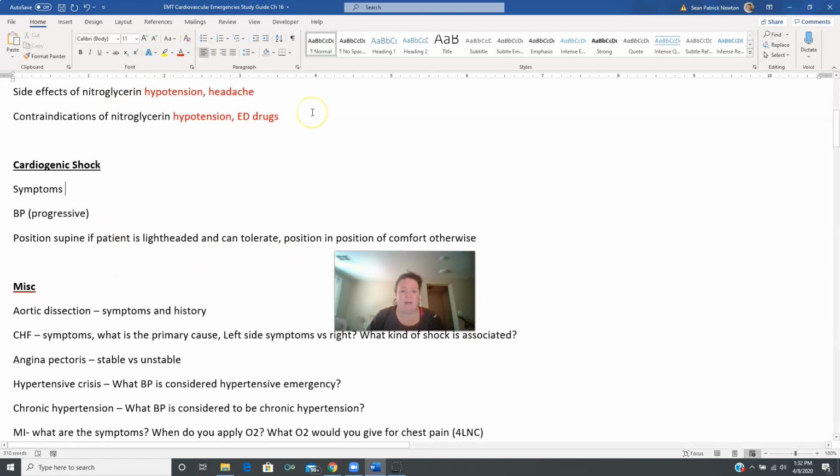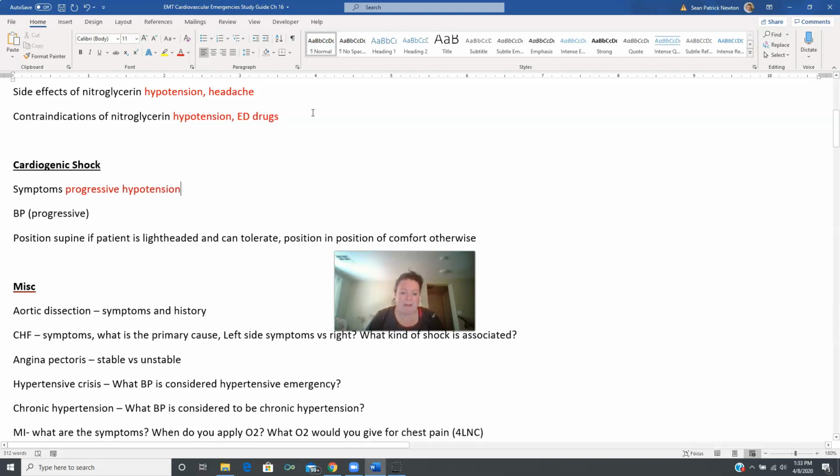Okay, cardiogenic shock. So we talked about all the different shocks, but this is cardiogenic shock. There's a bad pump, so very weak pump. So what are our symptoms? Progressive hypotension. So the heart isn't pumping, so if it's not pushing out enough blood, our blood pressure is going to drop.